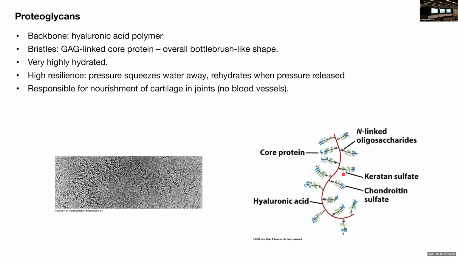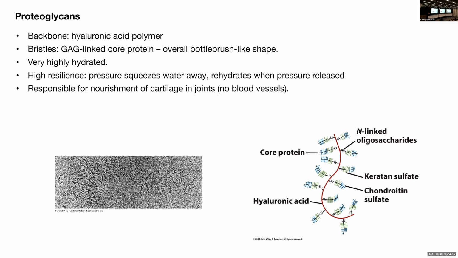So simply if you press it down and squeeze it, then you can squeeze out the water, and if you release it, then you're going to gain the water back in this GAG or the proteoglycans, and that again gives the flexibility of your tissue, your structure.